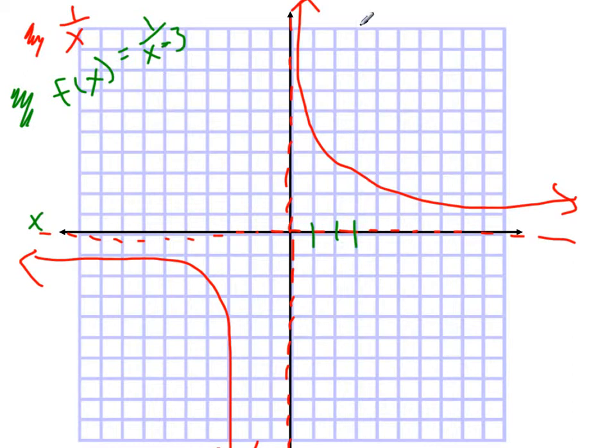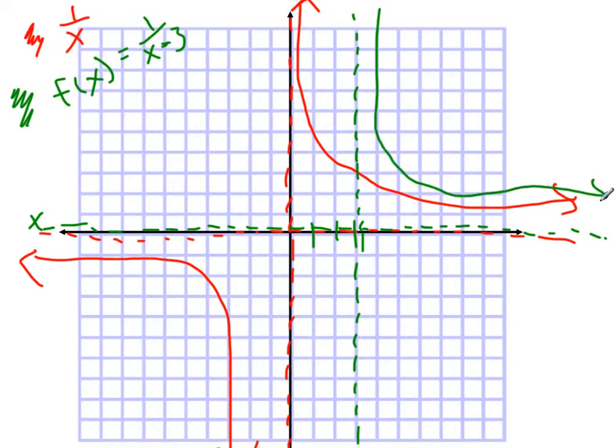That shifts the vertical asymptote over to the right 3. But there is no horizontal effect on it. So we still have y equals 0 as a horizontal asymptote. Now the graph in the green, and it's not drawn pretty at all. You can make this much prettier. You can pick points, depending on how crazy you want to get.